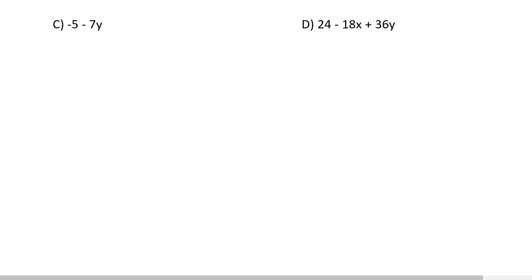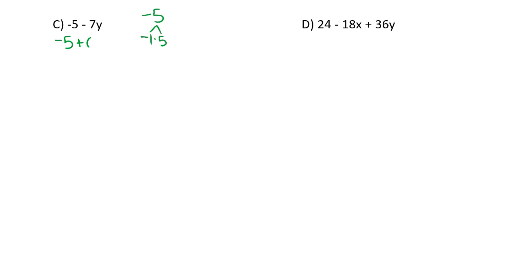All right, let's take a look at these 2 more examples here. A negative 5 is really just saying negative 1 times 5. And we could rewrite this as negative 5 plus a negative 7y.